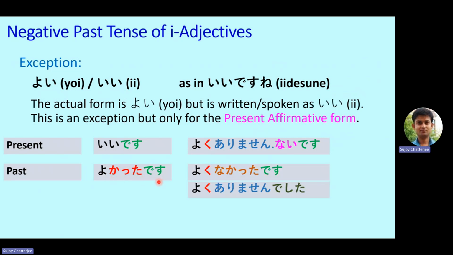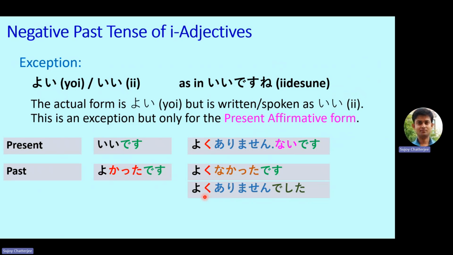And the past negative form will be yokunakatta desu or yoku arimasen deshita. Here again this is an exception, because now we can use arimasen deshita in this case. Generally with i-adjectives we don't use ku arimasen, we just write kunakatta desu, but here ku arimasen deshita is also allowed.